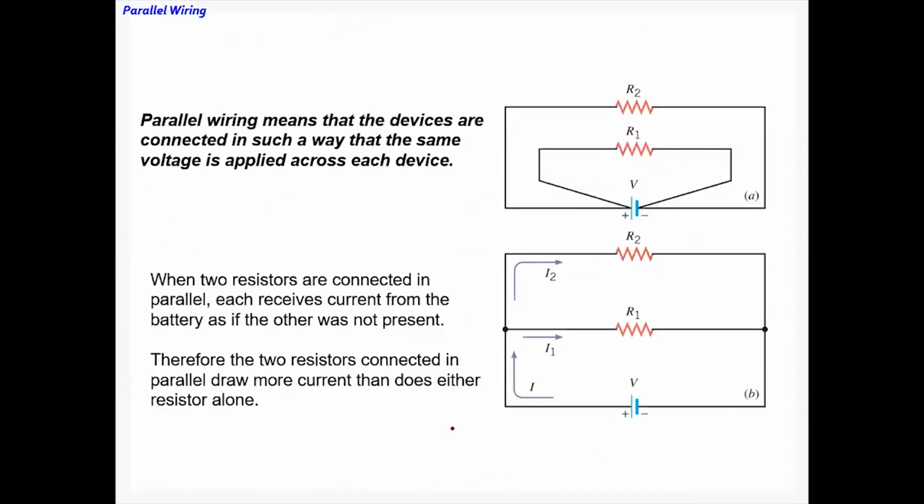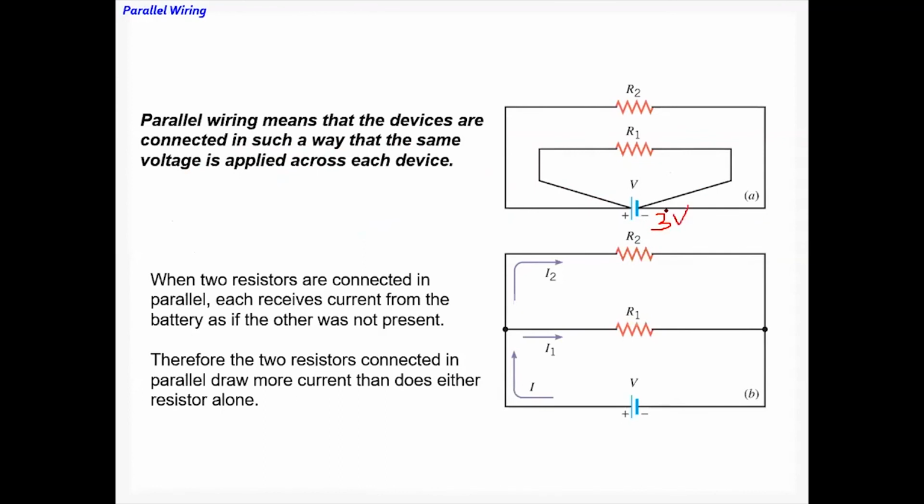Let's talk about parallel wiring. Okay, parallel. When you talk about parallel, this is what it means. Parallel meaning the devices are connected in such a way that the same voltage is applied across each device. Suppose this is a 3-volt battery, right? Look at the example, look at the picture here.